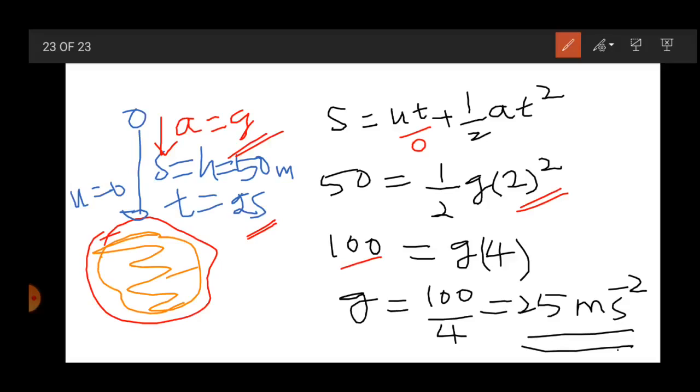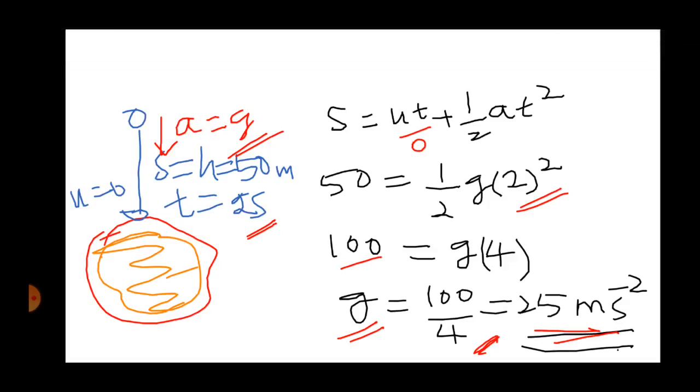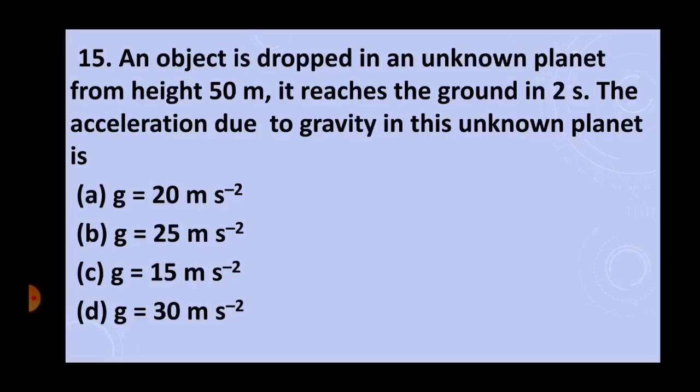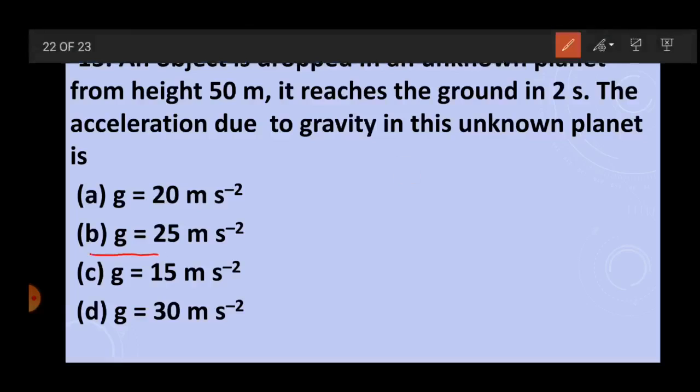I want the acceleration due to gravity: g is equal to 100 divided by 4, that is equal to 25 meter by second square. That is the unit of acceleration due to gravity, meter by second square. So the value is 25, and the answer is option B, g is equal to 25 meter by second square. Understand students?